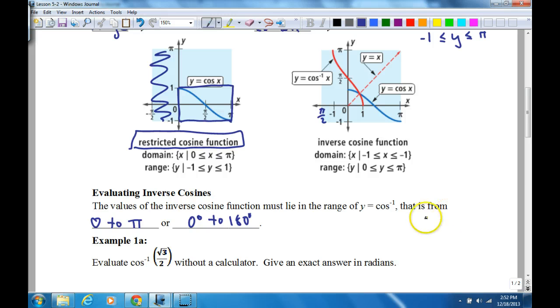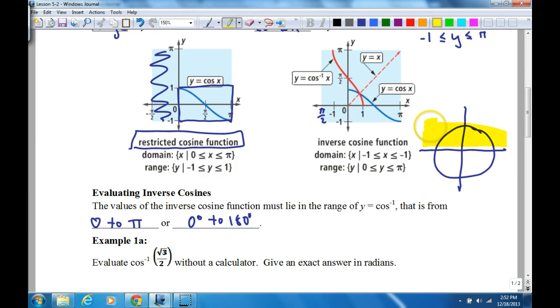If that is the case, and I'm looking at my unit circle, what quadrants am I looking in? 1 and 2. I'm only looking at these right here, right? I'm not looking at the ones below. The ones below are not important to me with arc cosine.